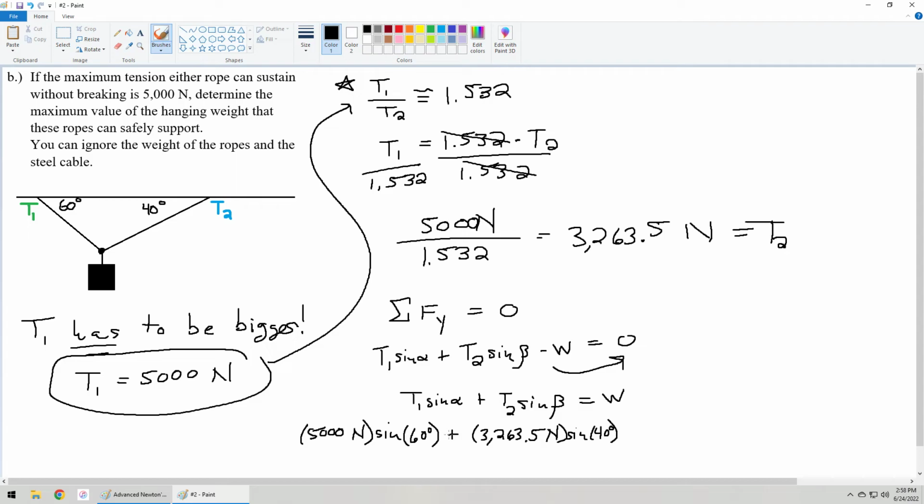And when I plug this into my calculator, I get 6,427.9 newtons. Here is where we should worry about approximating and consider significant figures, because this is the answer to part B right here.